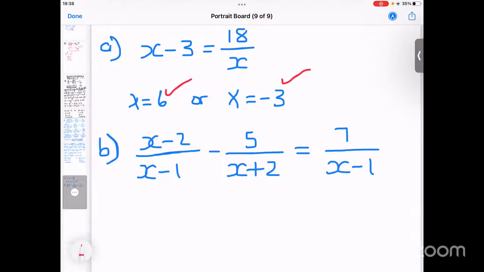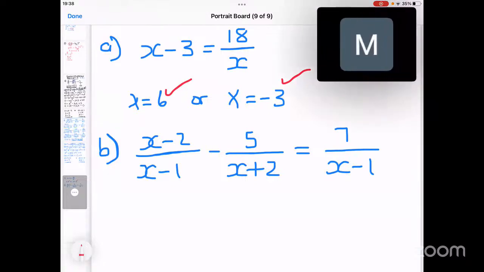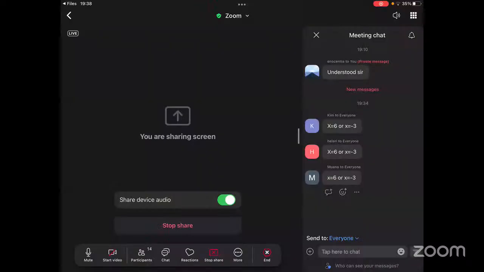I'll just mute on my side. Once you are done, you just comment and say I'm done. That's how I will know how many of you are.